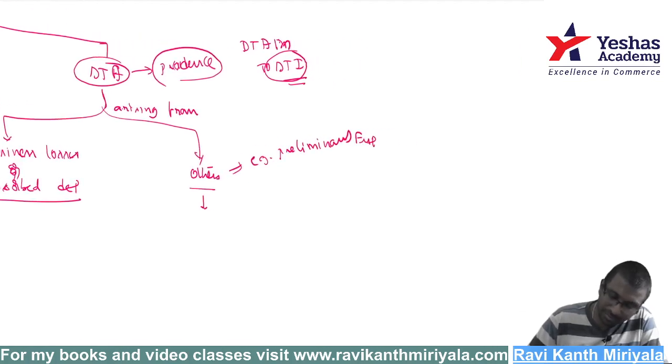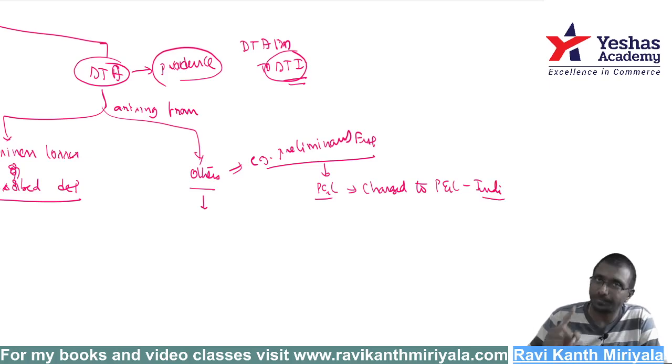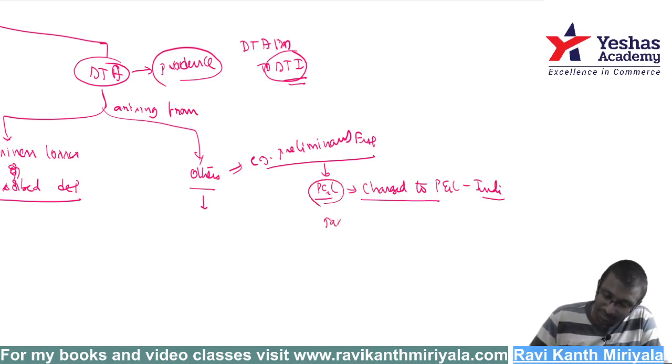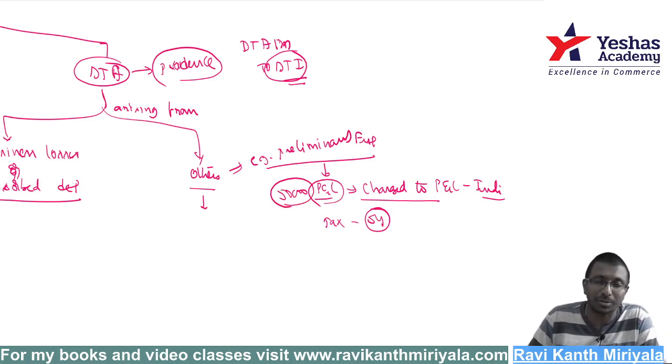Preliminary expenses: as per the P&L, preliminary expenses are charged to P&L immediately. We don't show them as an asset. But as per the income tax, it is allowed over 5 years. Suppose you paid 50,000 rupees preliminary expenditure for incorporation.